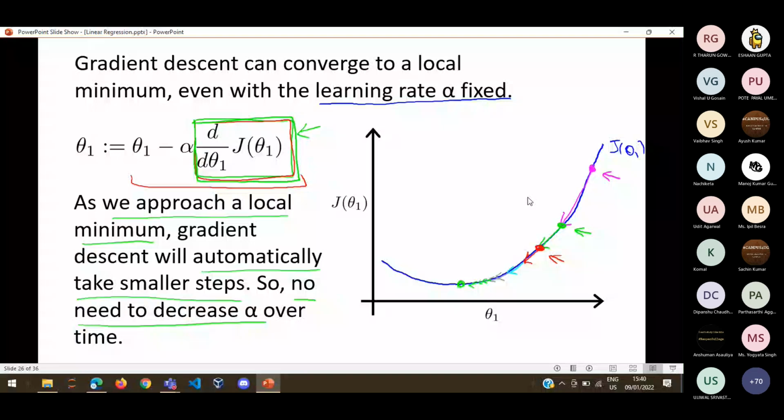So that's why a fixed learning rate also works. When you approach the minima, gradient descent will automatically take smaller steps, so there's no need to decrease alpha over time. Gradient descent takes care of that. So till now, do you have any doubt? Because everything we have learned, now we are going to sum up.